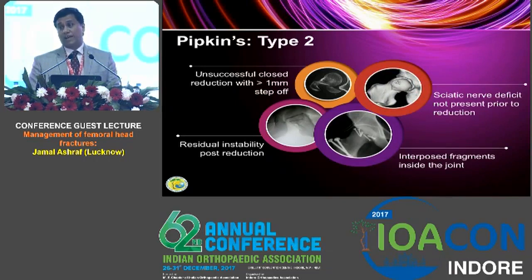Here the point I would like to make is that less than 2 mm of displacement is acceptable for type 1 fractures, but for type 2 fractures it would be less than 1 mm because this is the weight-bearing portion.